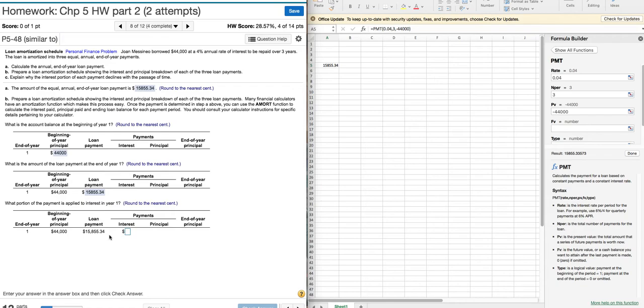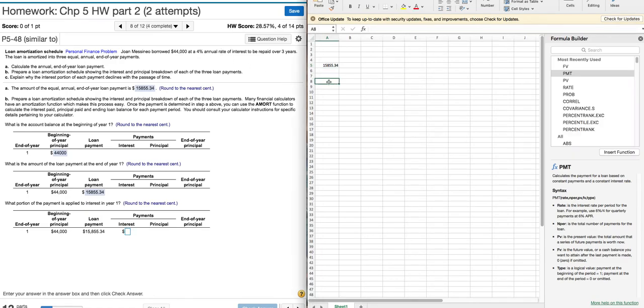Okay, so how do we calculate interest for year 1? We do this by taking the principal balance and multiplying it times the interest rate. Our principal balance was $44,000, multiplied by the interest rate of 4%. So our interest for year 1 is $1,760.